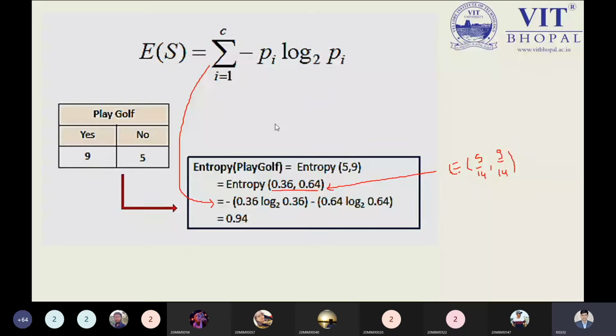I use the minus symbol because I need the summation of all the values used to split my data based on the feature requirement. Next I go for 0.64 into log base 2 of 0.64. After evaluating these values, I am getting 0.94. That is the entropy value of the play golf feature. Now, is it clear to all right now?